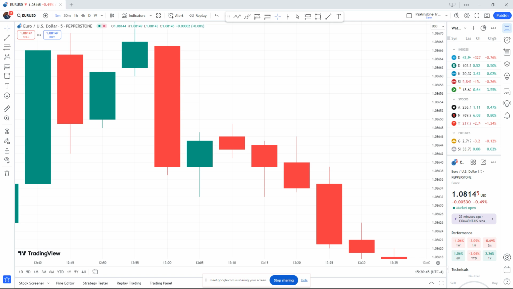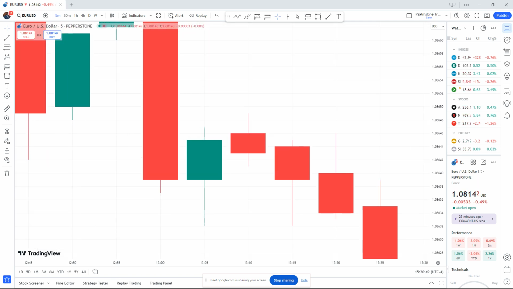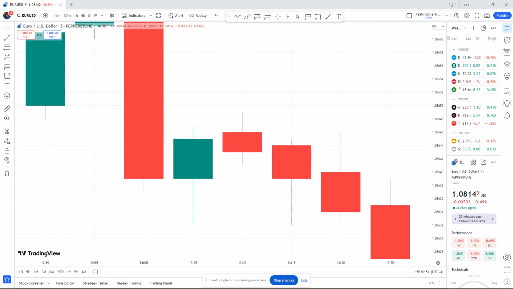What do I mean? You can find a hammer anywhere. You can find a shooting star. It doesn't mean that if you see a shooting star on the chart, it's a signal. You only take the signal at your point of interest.